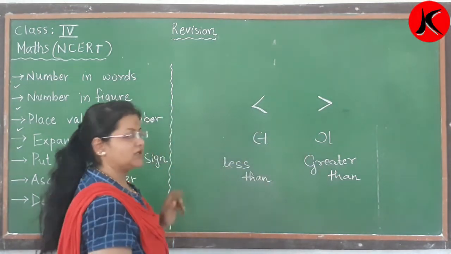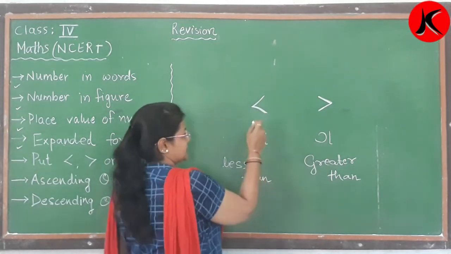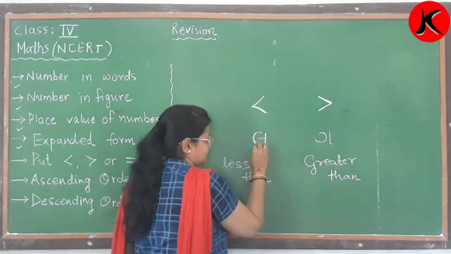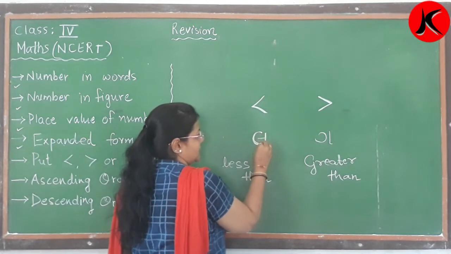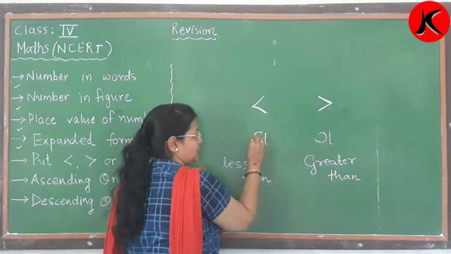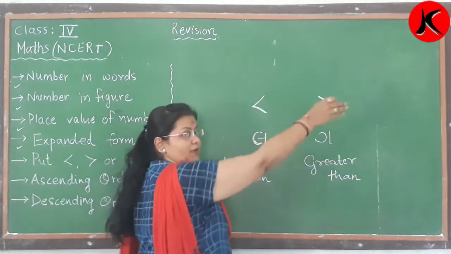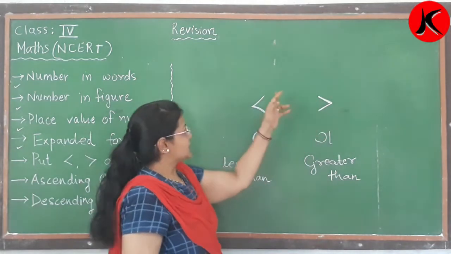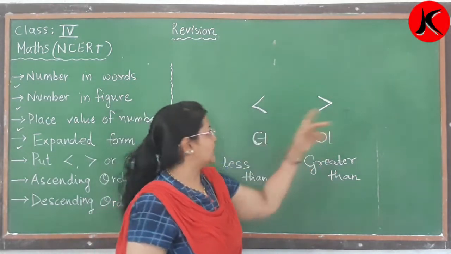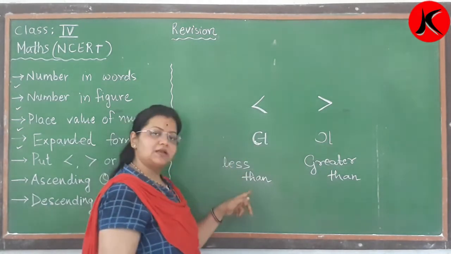Now see what the difference is. If I say "law" for less than, see this face, this curve opens on this side, and these two lines also open on that side. So both are open in this way, which means both are the same. That is less than.